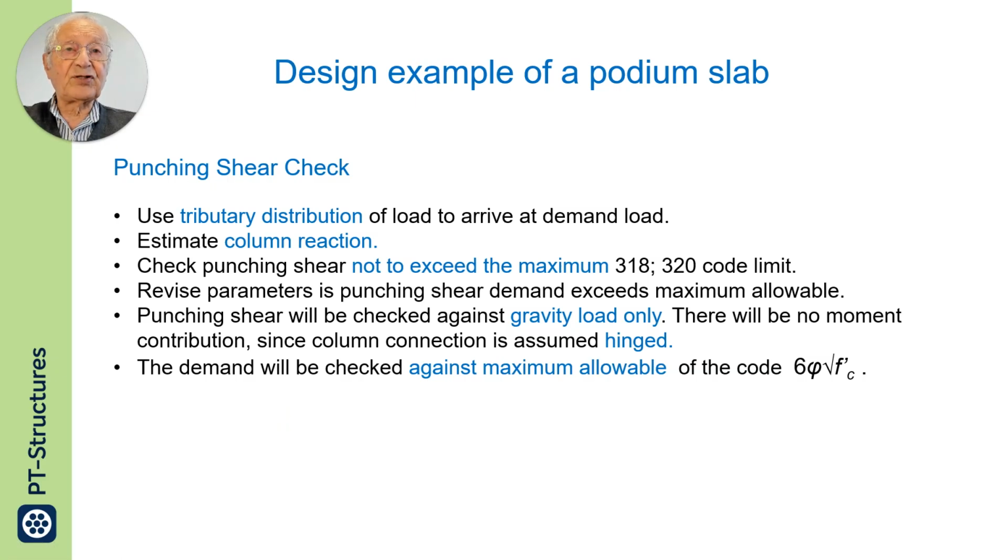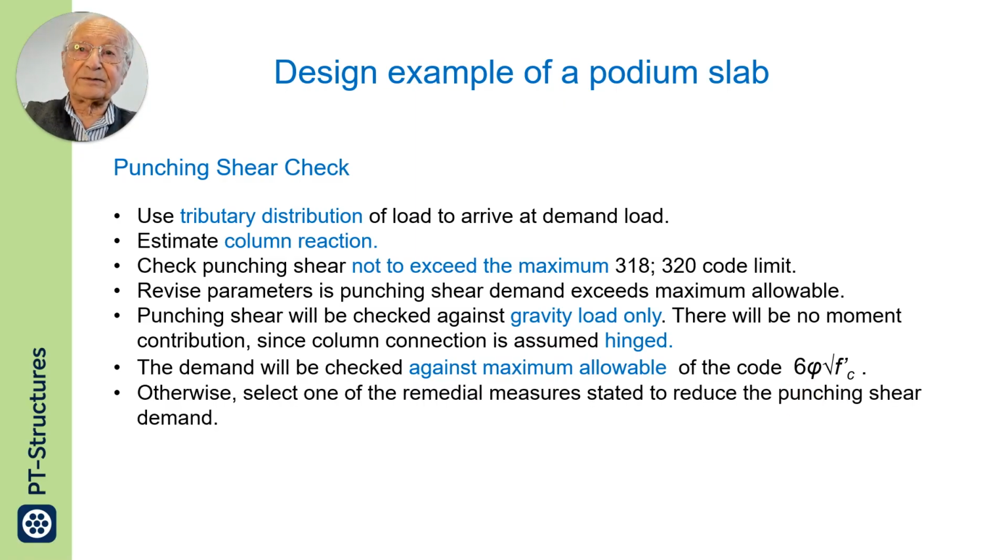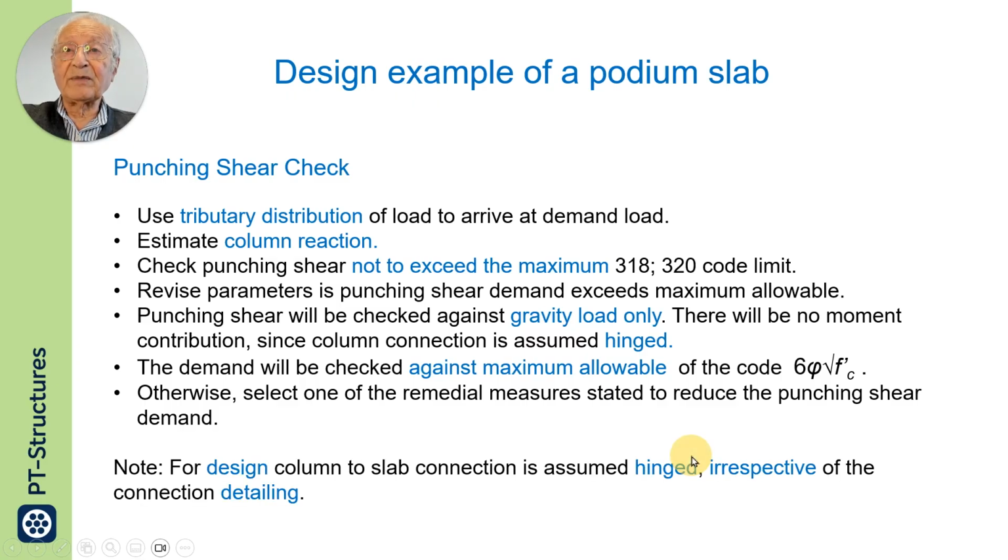The demand will be checked against the maximum allowable value of the code, which is here. I have given the maximum value, maximum allowable. Make sure that it does not exceed this value. Otherwise, select one of the remedial measures stated in the following to reduce punching shear demand.